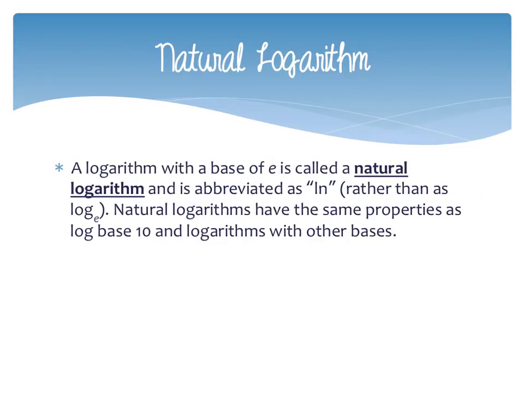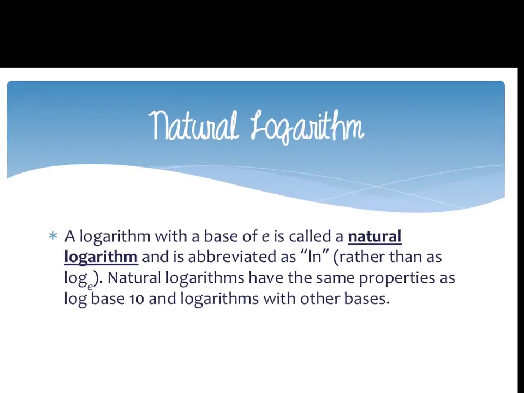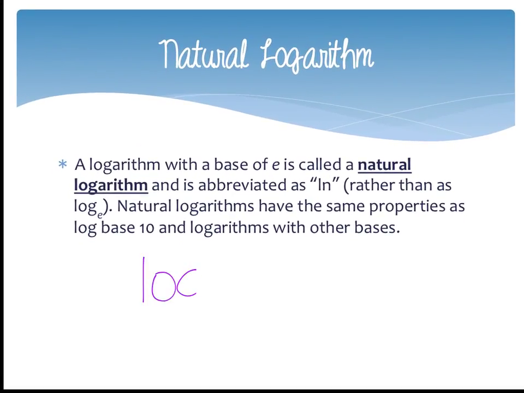All right, the natural log is a log with a base of e. So this is the same thing as saying log base e. And log base e, which is called the natural log, is represented by the letters ln. Okay? So when you see log base e, it's interchangeable for ln, and when you see ln, you can interchange it for log base e.